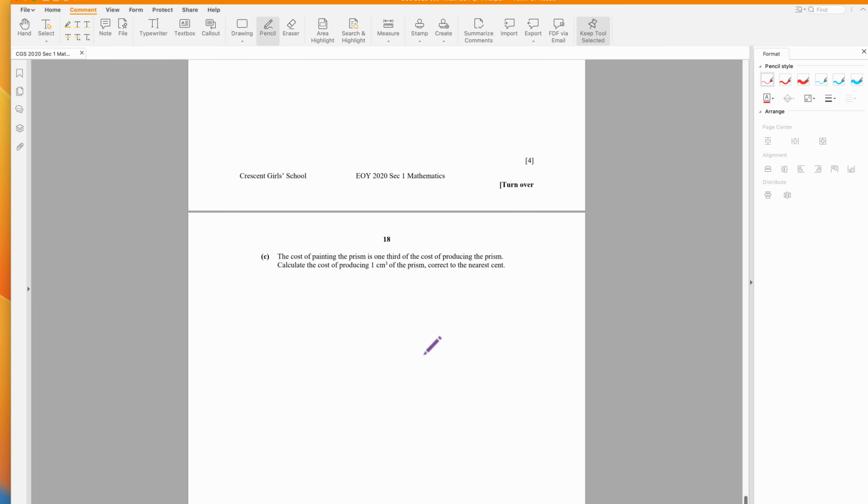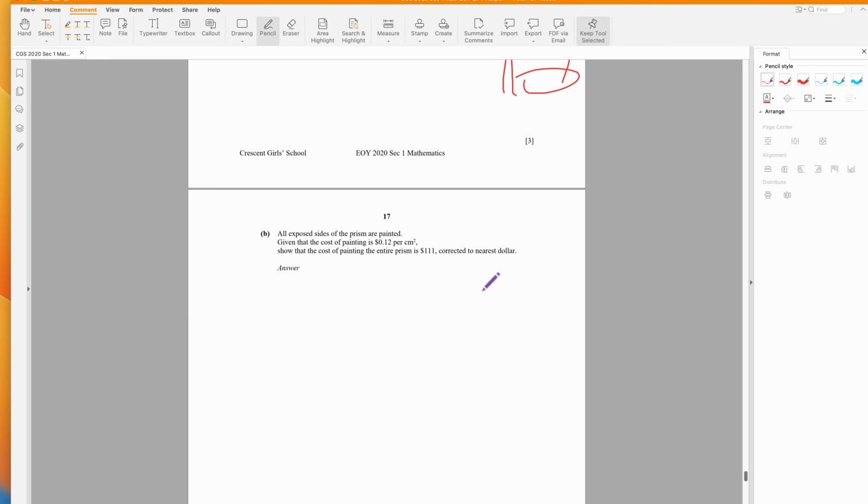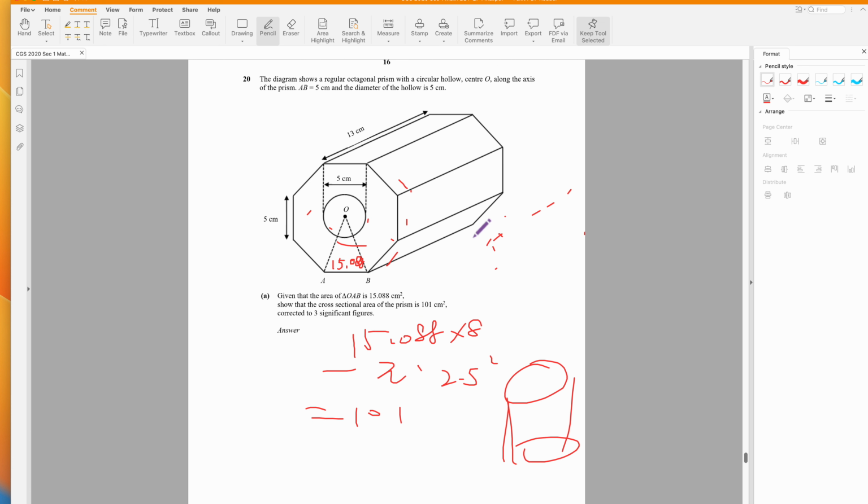Which is the base area? Wait, so the base area actually is this one, no?